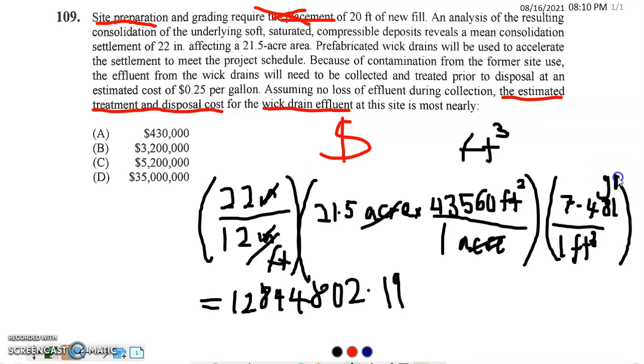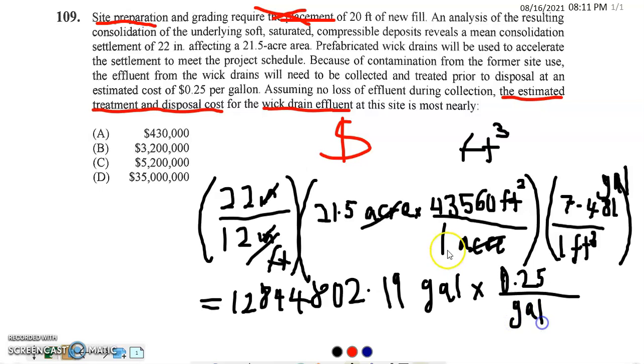Oh, I forgot to put gallons over it. So this should be in gallons. And they gave you times 0.25 dollars per gallon. The gallons cancel out, and if you multiply that out, let me see what I will get.